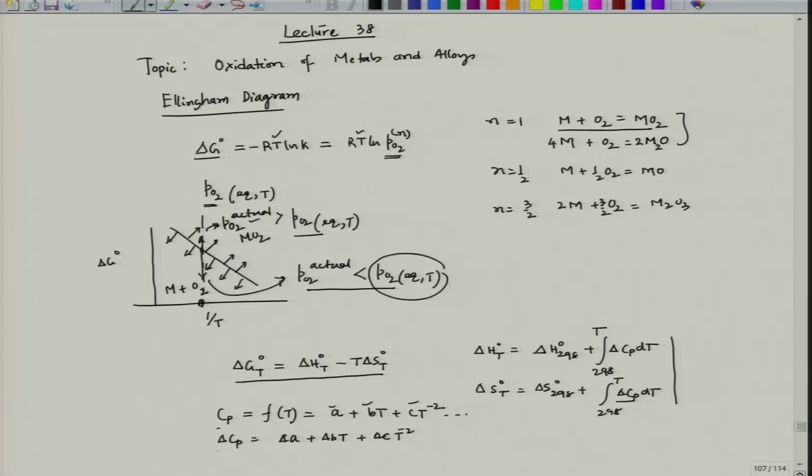So, that means I could see that this particular value, that is delta G T naught, has a complex relation with temperature. Now, that means I would also say that if I try to plot delta G T with temperature, I will have a non-linear plot.